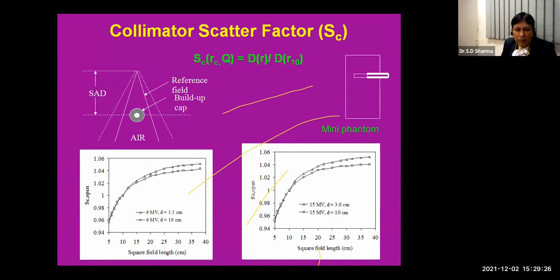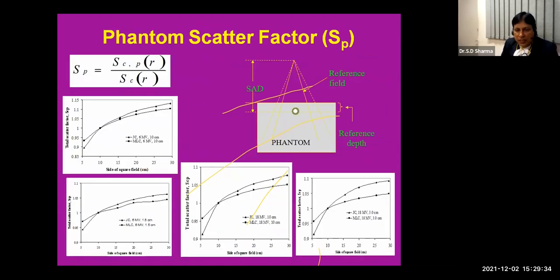And these values can be measured at each institution by the hospital physicist for their own equipment. Phantom scatter factor is basically the parameter which gives you information about the contribution of phantom generated radiation at the point of our interest.